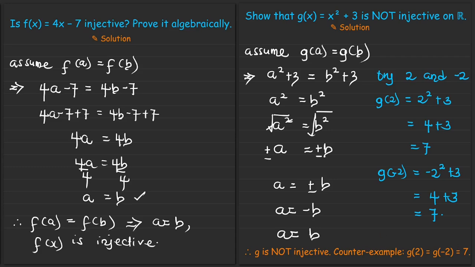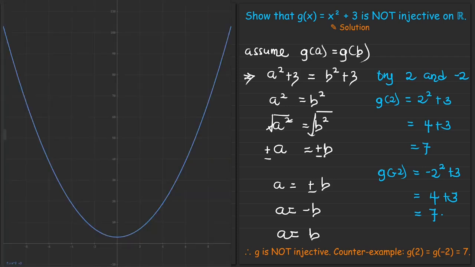Now that we've done it algebraically, let's see if we can actually look at the graph and determine if it is injective or not. So this is the graph of the function g of x equals x squared plus 3.